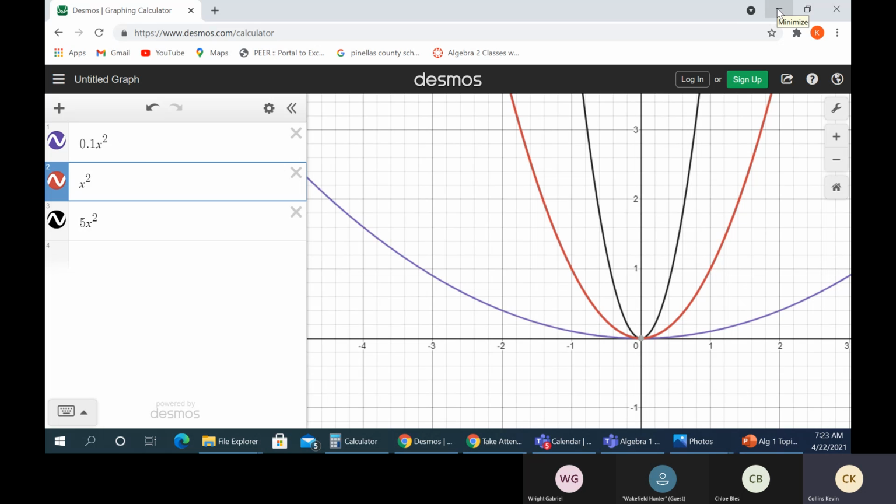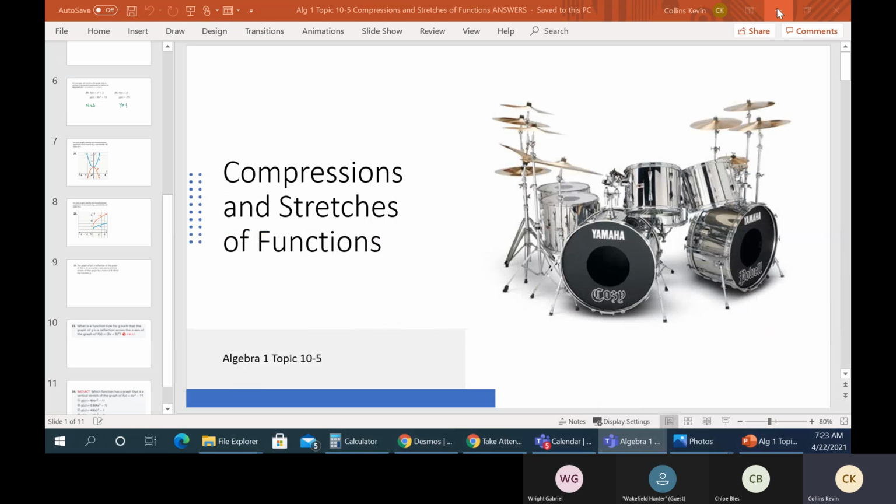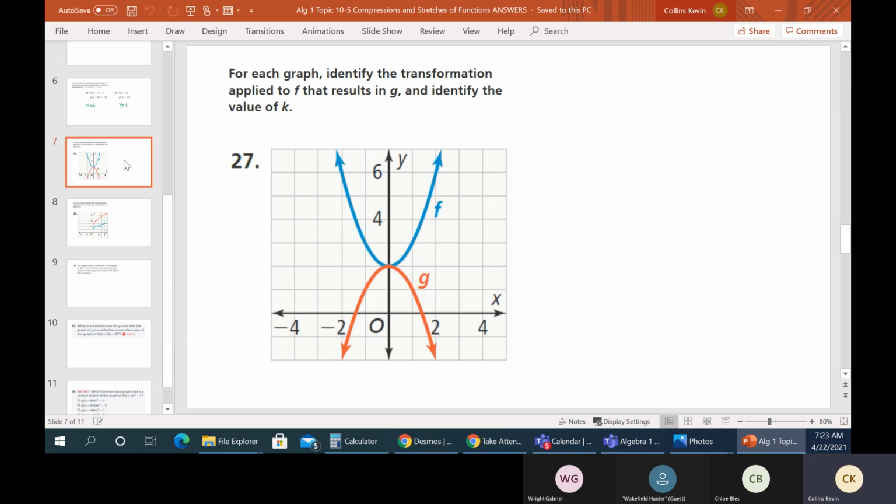All right, so let's go ahead and check out a few. I believe we left off about here. It says, for each graph, identify the transformation applied to f that results in g and identify the value of k. So k means move the graph up and down. That was from the previous section.